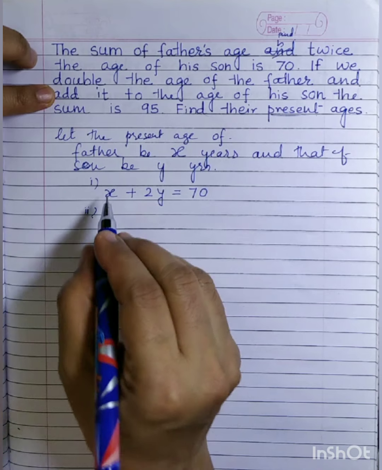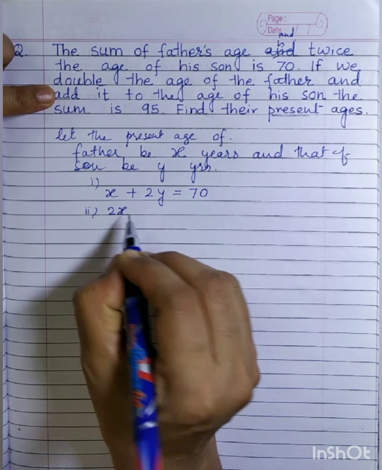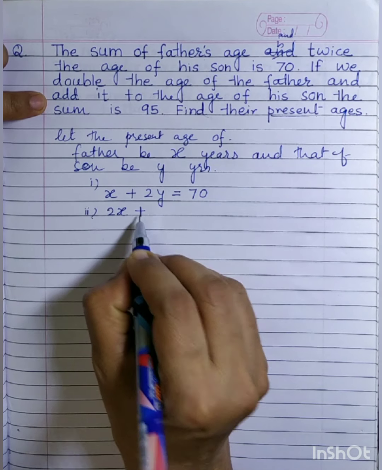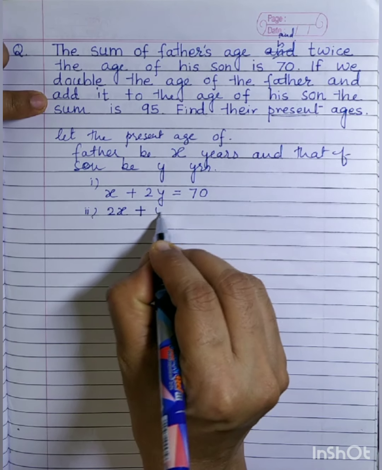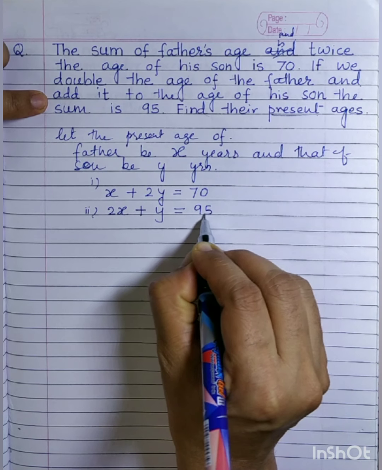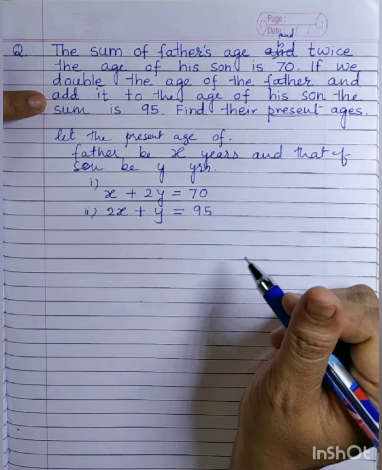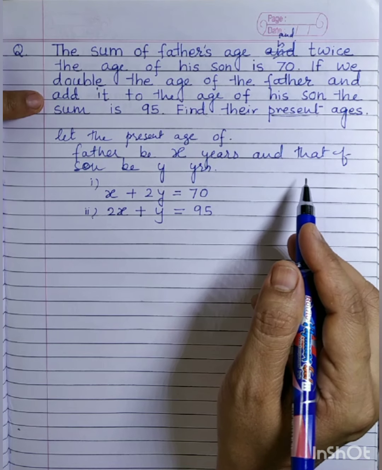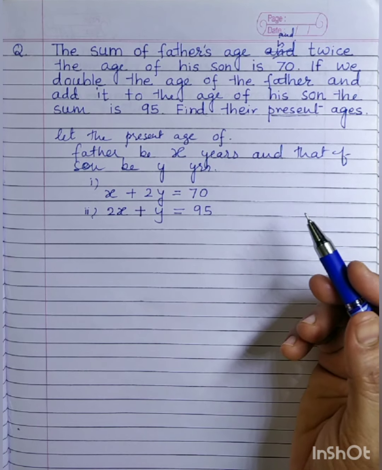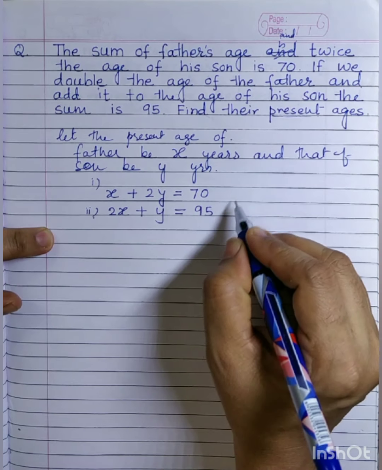X years. You double it, so what it will become? 2x, and add it to the age of son. What is son's age? Y years. Then the sum is 95, right? So very simple two equations. I think every one of you can solve. So you can pause this video and solve it yourself, and later on you can check.